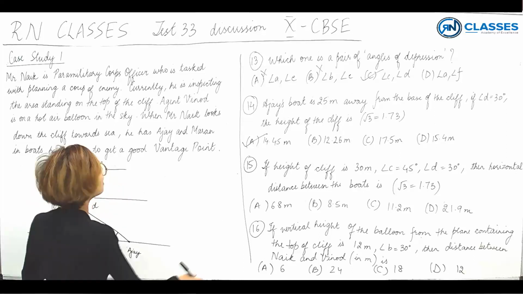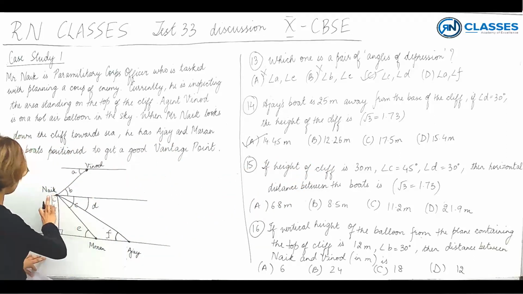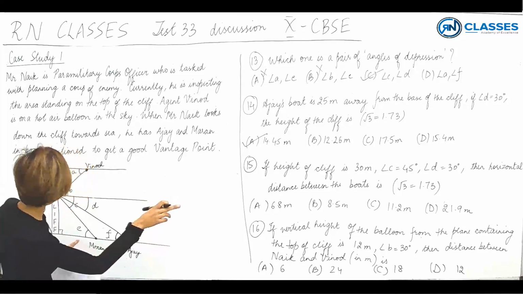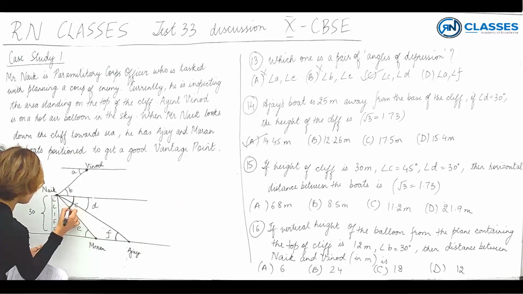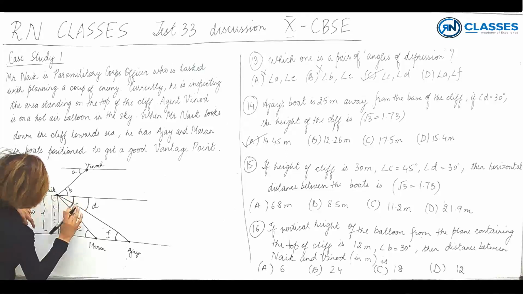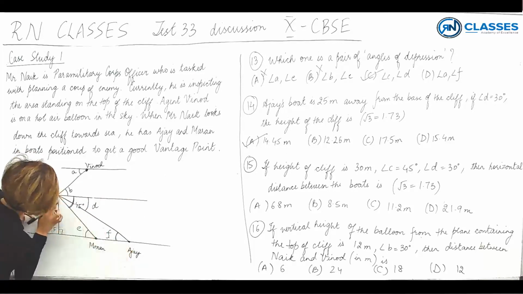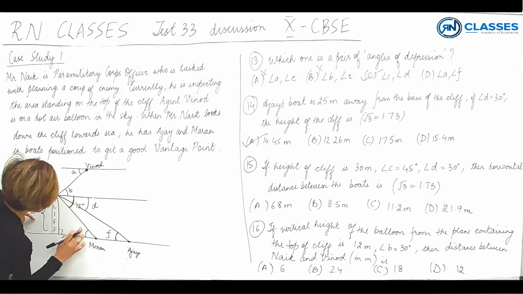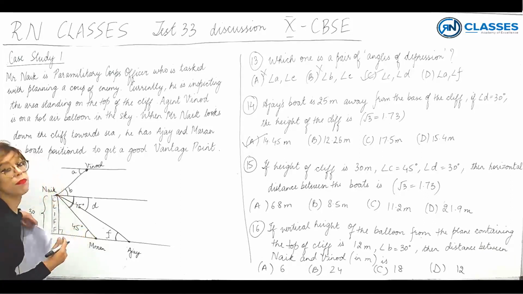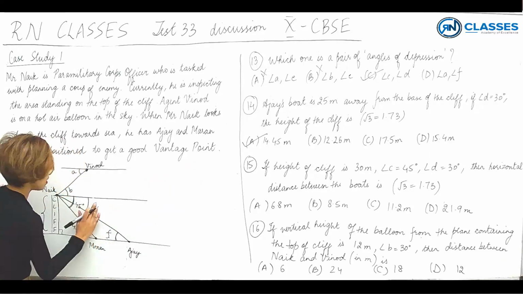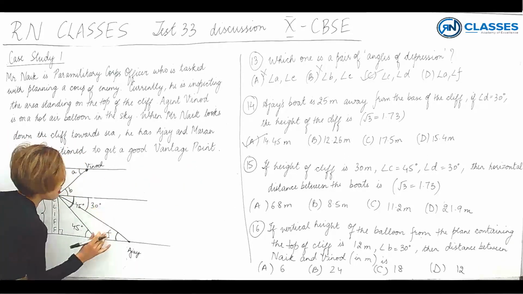Now, if the height of the cliff is 30 meters, so this is given to be 30 now. Right, and angle C is 45, so this entire angle is 45. Now mind it, if the entire angle is 45, these two are parallel lines, this is a transversal, this is 45, this is 45. Right, okay, and angle D is again 30, so this is 30, so that means this is 30.